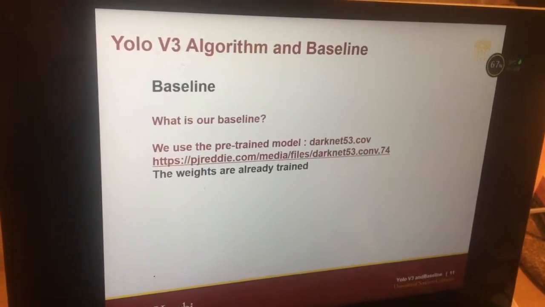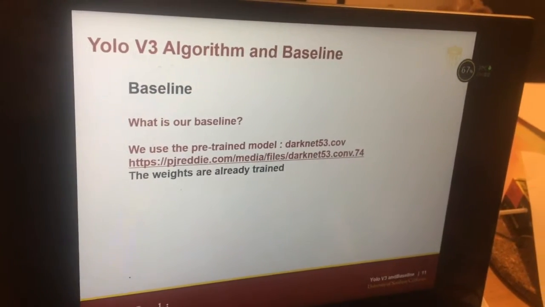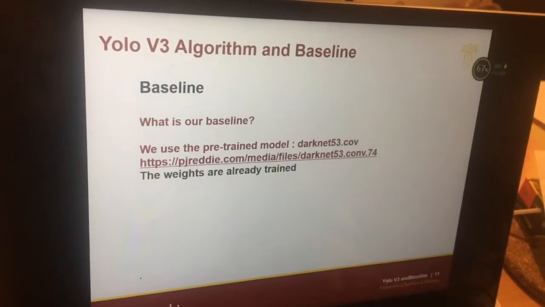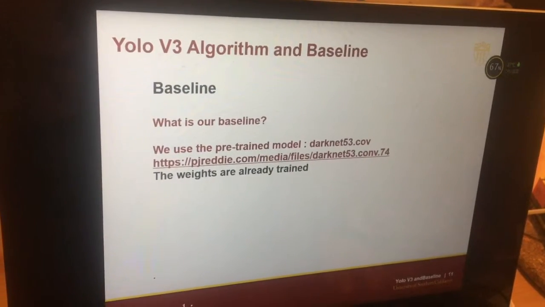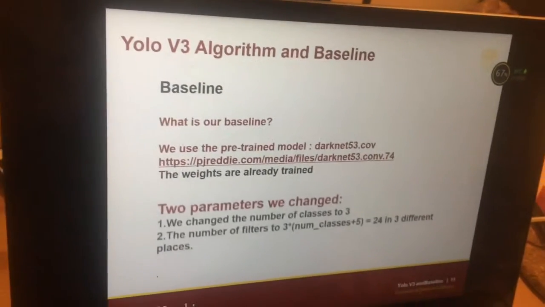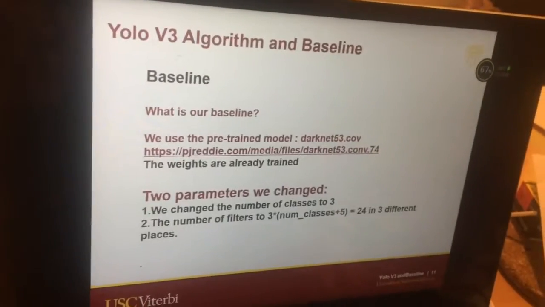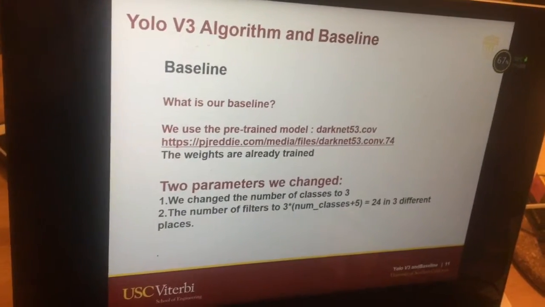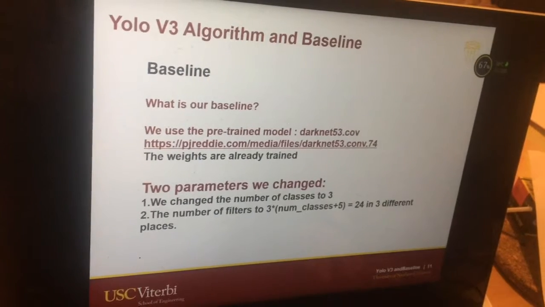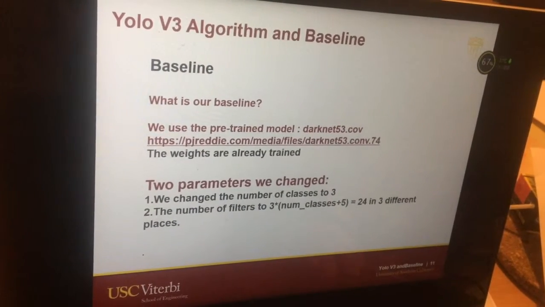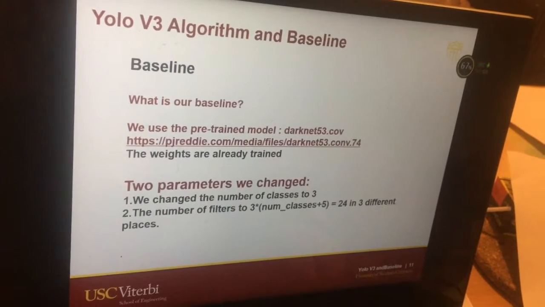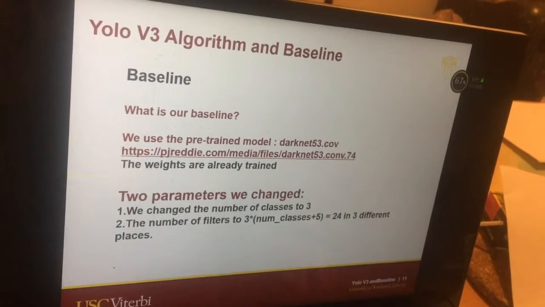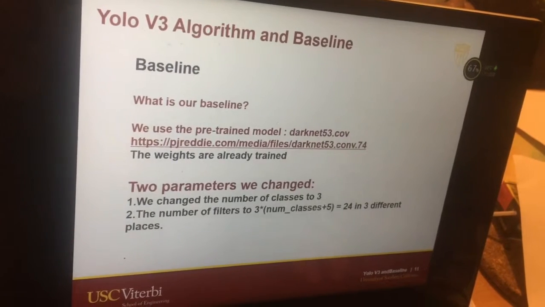Then for the baseline, we use the pre-trained model darknet53.conv, and its weights are already trained, and we changed 2 things. The first one, we changed the number of classes to 3, and the second one, we changed the number of filters to 3 times the number of classes plus 5. That is 24, in 3 different places.